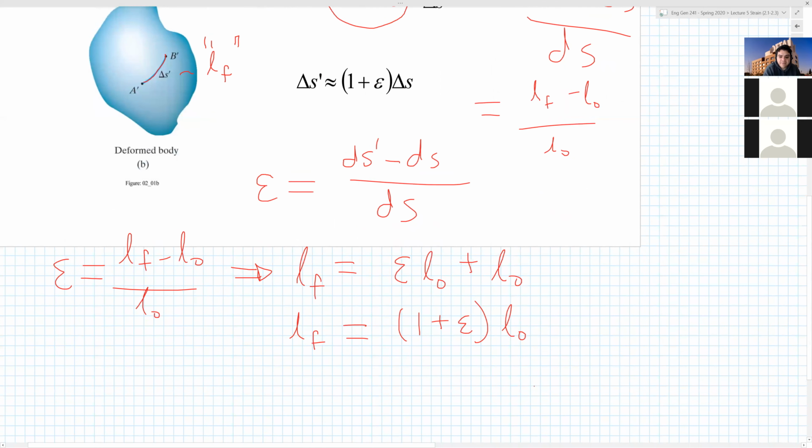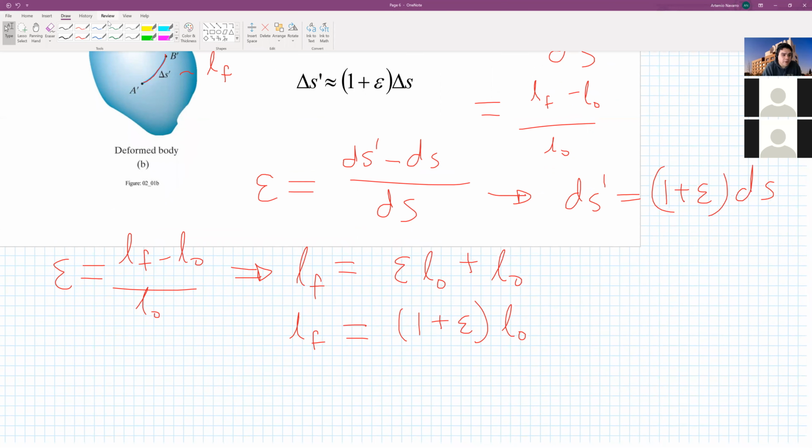This is going to be very similar here. If you want your final length, the calculus way of doing it is 1 plus epsilon times your initial. So what does this tell you? If you look at the formula down here, let's say you have a bar with L naught equal to 1 meter.